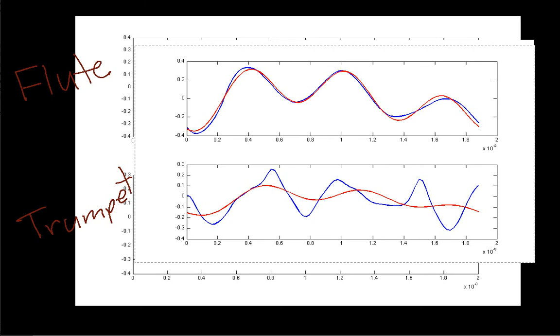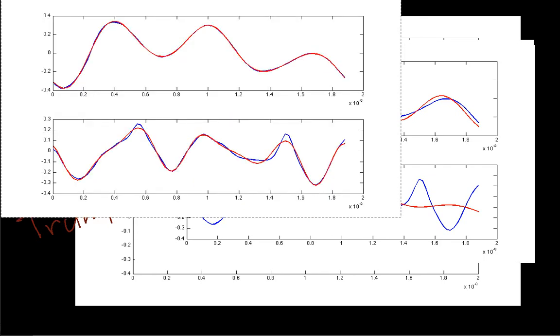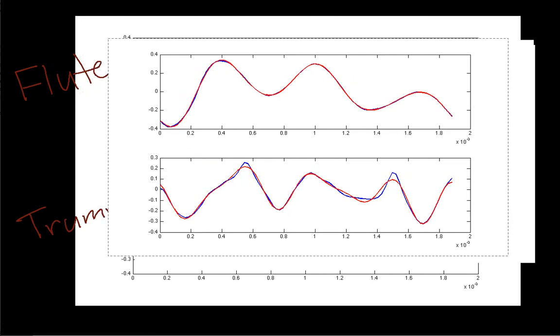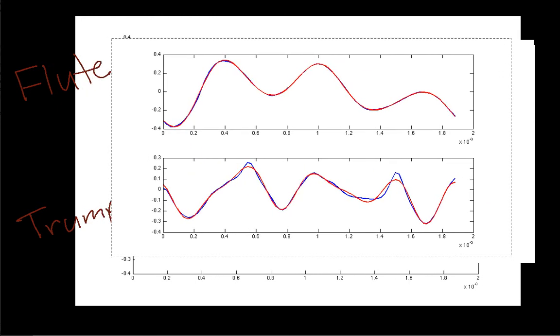So I can keep going, and if I take the fundamental frequency and the second, third, fourth, fifth, and sixth harmonic, then I get something that looks like this. And you can see that now I'm approximating the trumpet fairly well too.